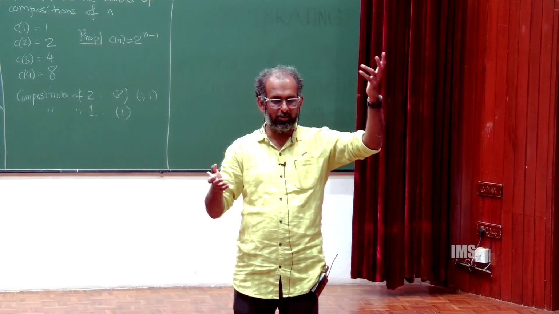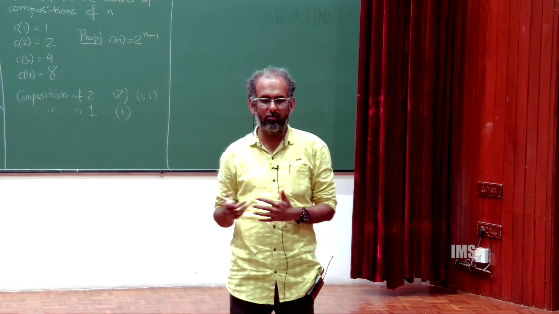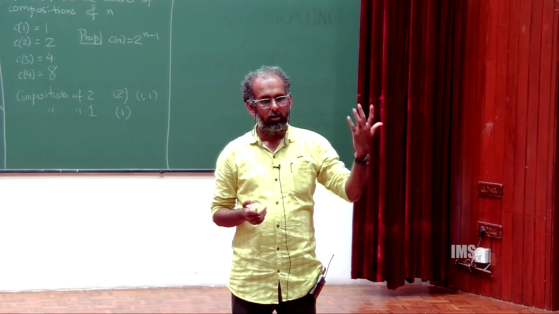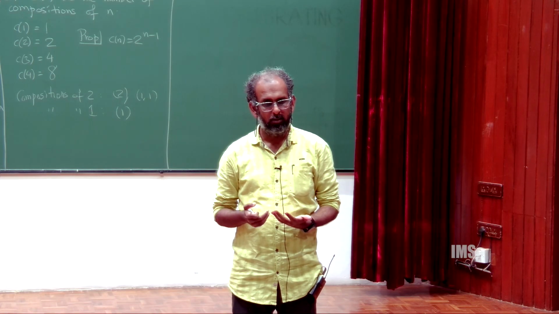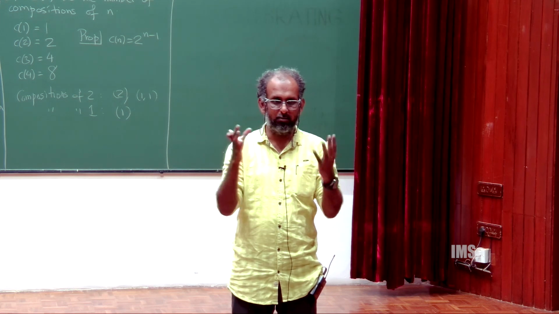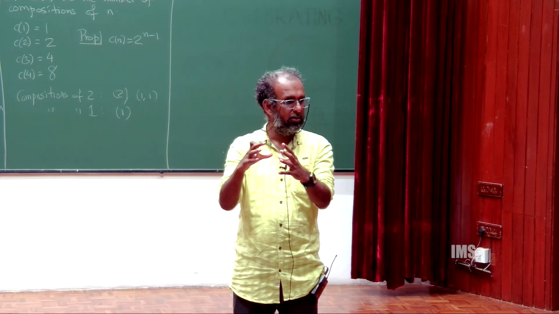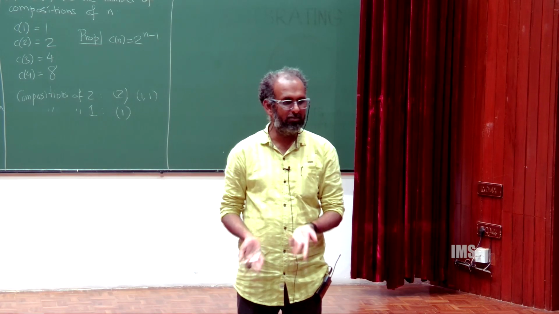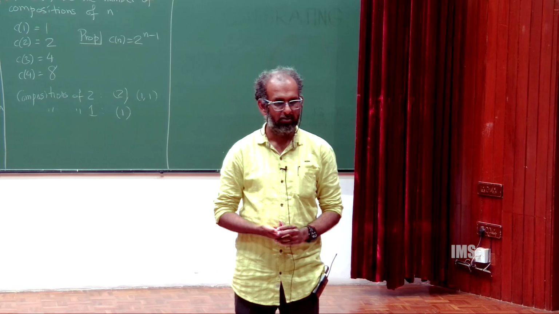No, because the first parts are different. So all of these will be distinct. And do you get all compositions this way? Yes, because every composition is either the trivial composition which is n, or it starts with something, and we have enumerated all possible things.